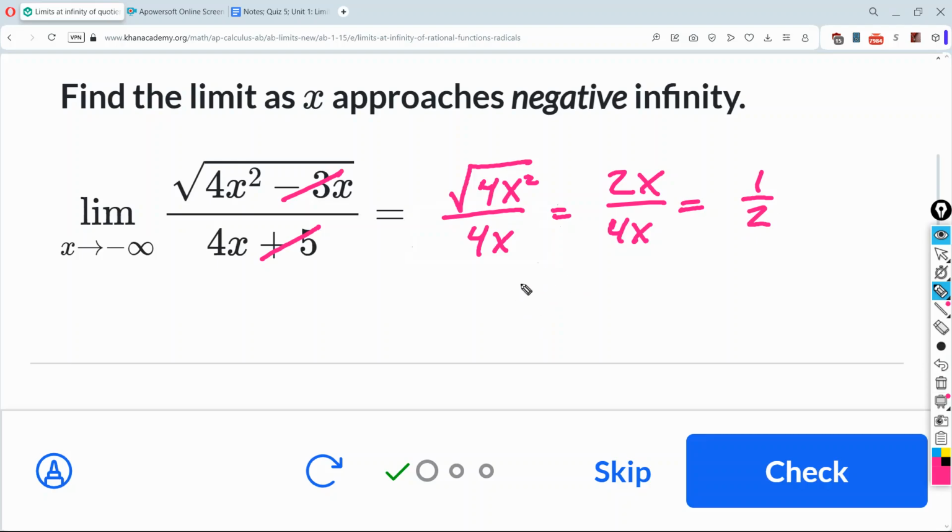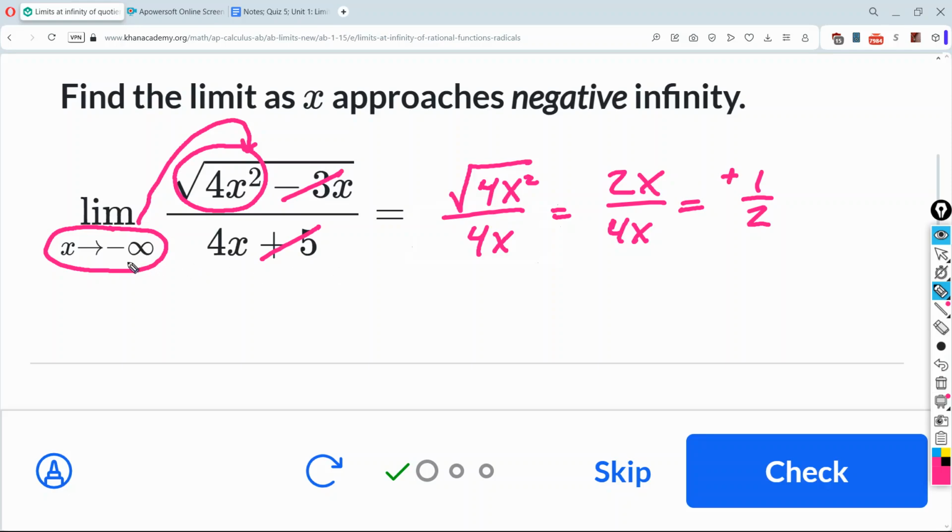Now, there's a small problem here. This x is going to negative infinity. But when you plug in values right here in the numerator in place of x, even though x is going to negative infinity, this right here is going to positive infinity. Why is that? Because it's x squared. So even though this goes to negative infinity, this here goes to positive infinity.